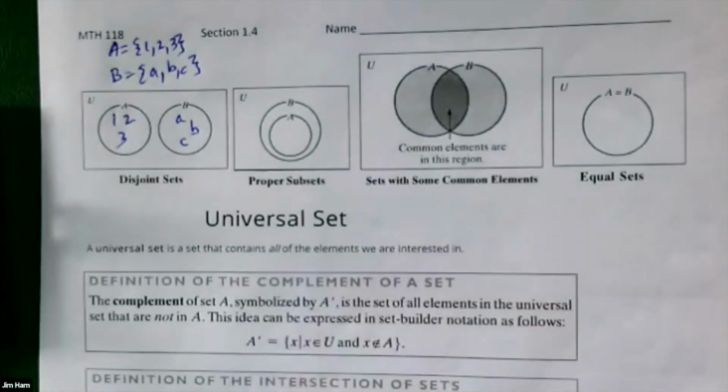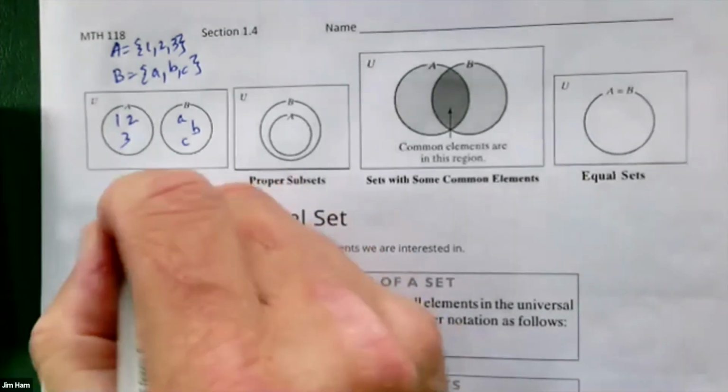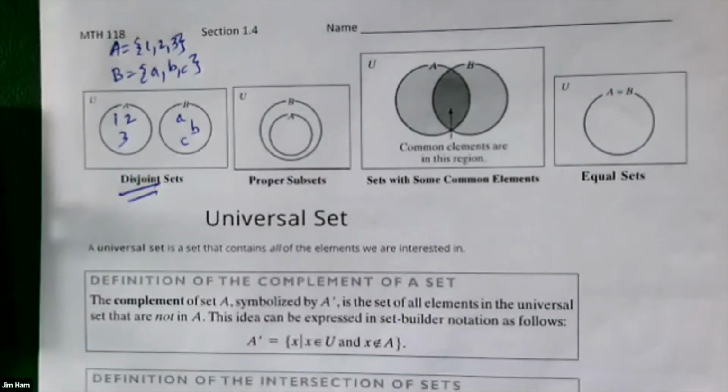You'd put the three numbers in one set and three letters in the other, and notice that there are no elements that are common to both. So we would say that these two sets are disjoint. And all of these are Venn diagrams. So we're going to start drawing Venn diagrams quite a lot.